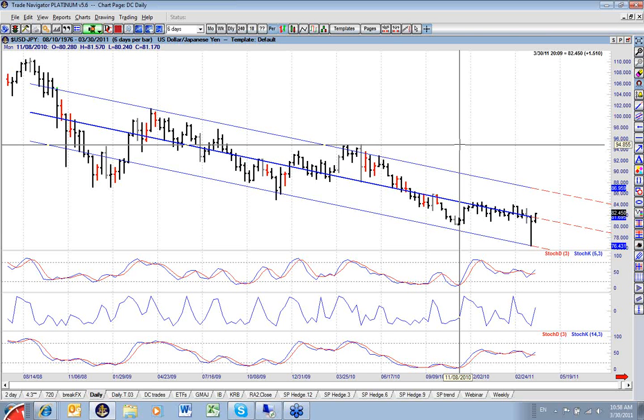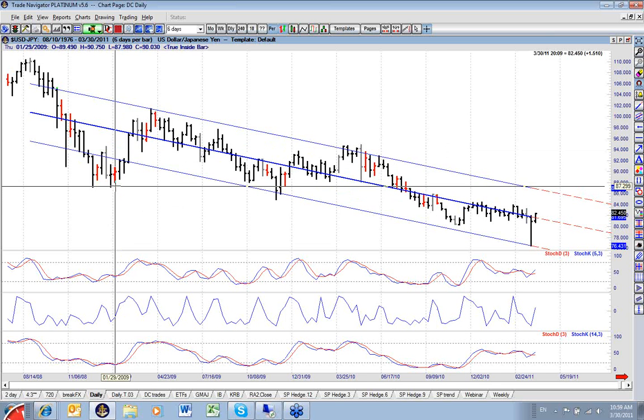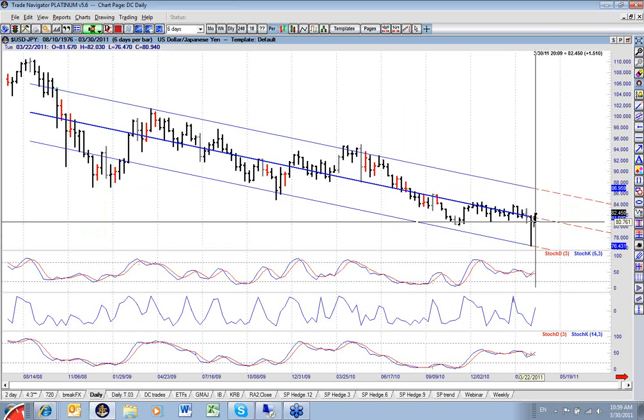America is by far the largest importer of Japanese goods, and this relationship is crucial to the Japanese exporters. So they have tried continually to weaken this market, and that means this is the USDJPY.